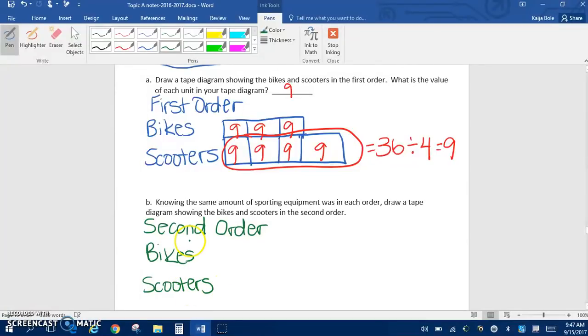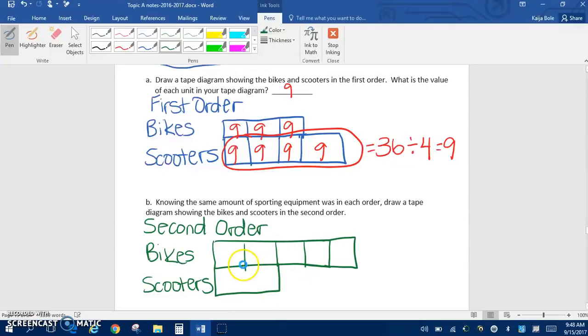Our ratio for the second order was 5 to 2. So bikes gets 5 boxes, and scooters gets only 2. We know from part A that each box represents 9, so go ahead and fill those in.